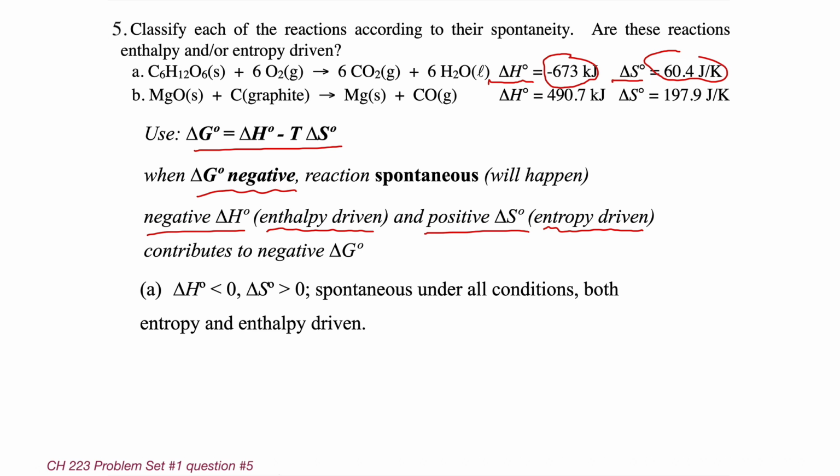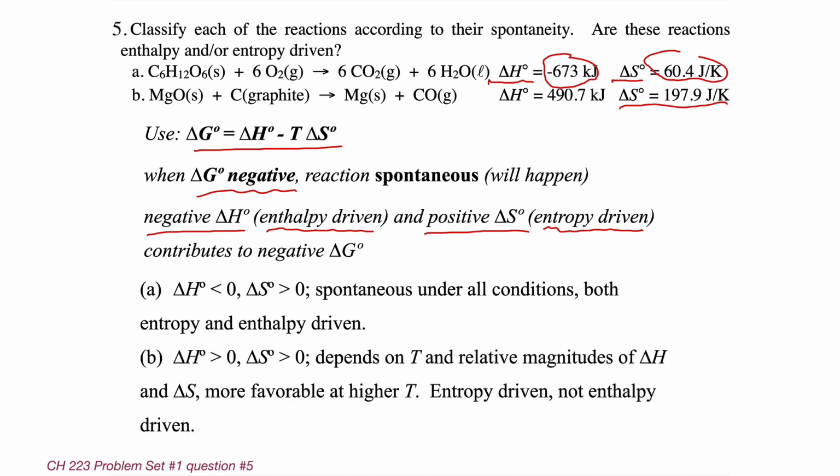Now, the second reaction with magnesium oxide there, you can see that the delta H and delta S are both positive terms. And delta S positive means that that's going to be an entropy-driven reaction. However, delta H here is a positive number, and a positive delta H contributes to a positive delta G, not the negative delta G that we want.